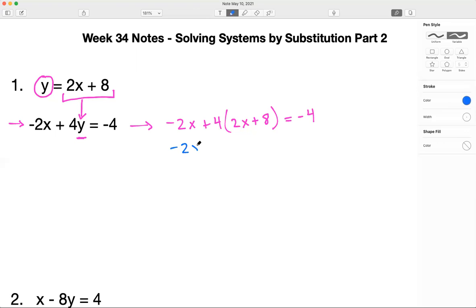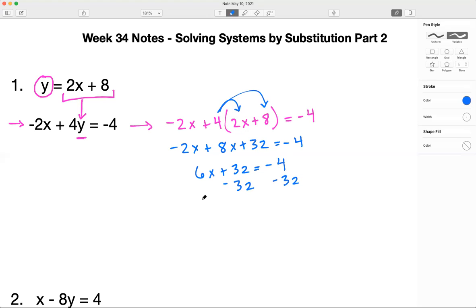We get negative 2x, and then when we have this in front of a parentheses, we have to distribute the 4 to both terms inside. So we've got 4 times 2x is 8x, 4 times 8 is 32, equals negative 4. And then we have to combine like terms. 8 minus 2 is 6x plus the 32. Just simplifying first. Now we're going to move stuff over. Take off the 32 from both sides.